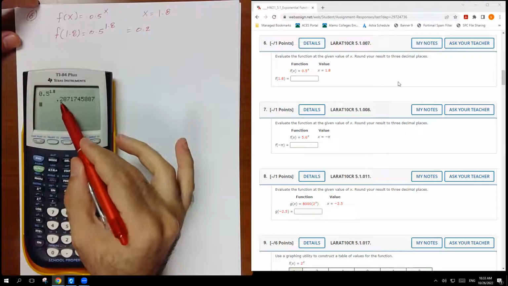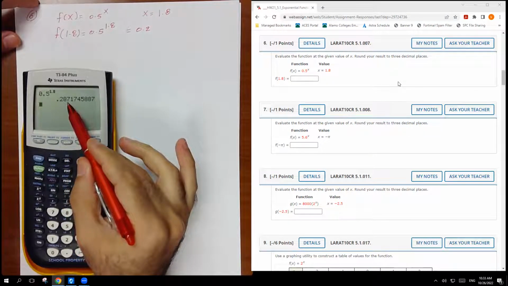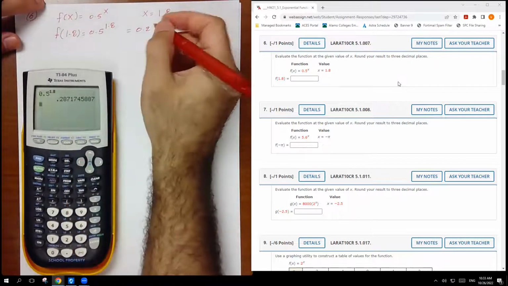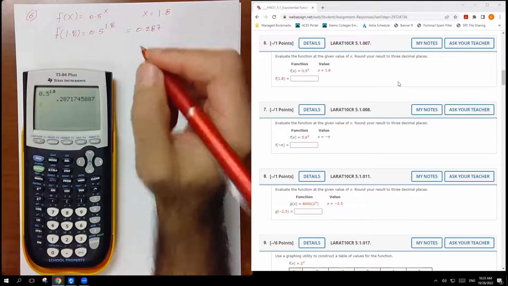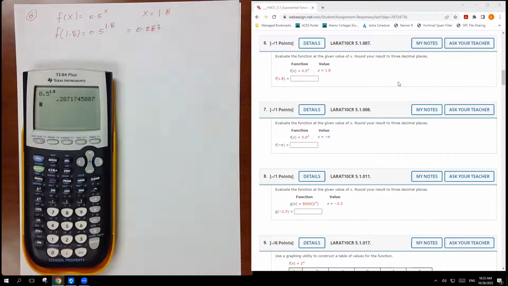The digit after the 7 is a 1, so I'm not going to change the 7. So we're just going to type here 0.287. That's it for this example.